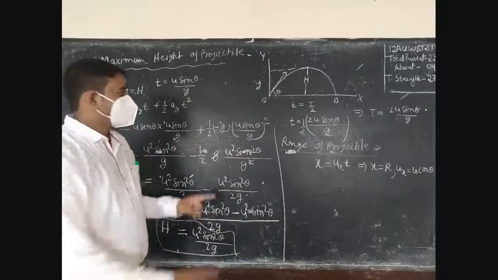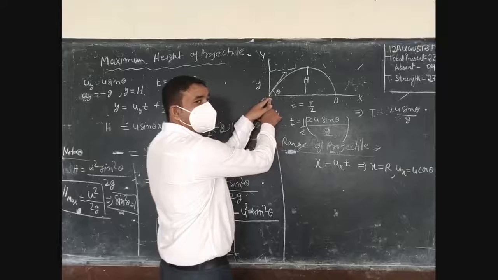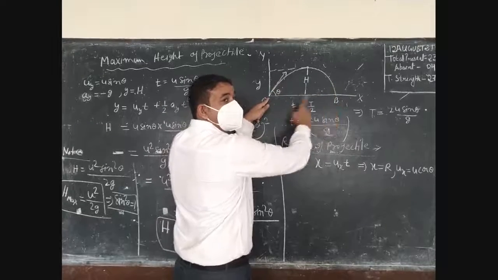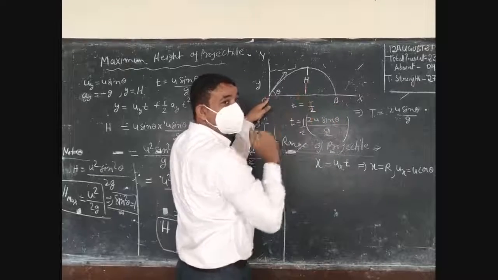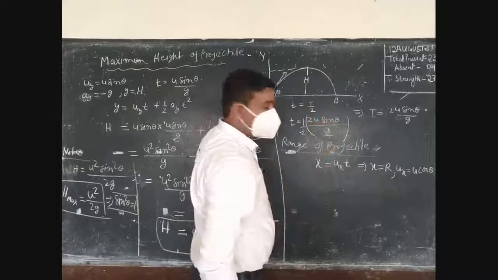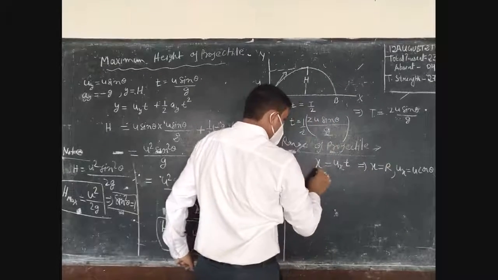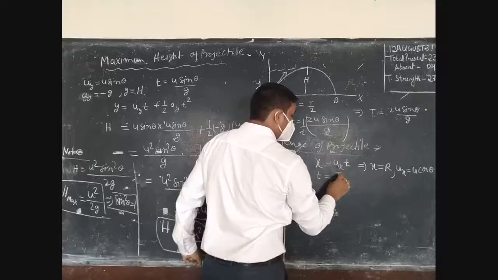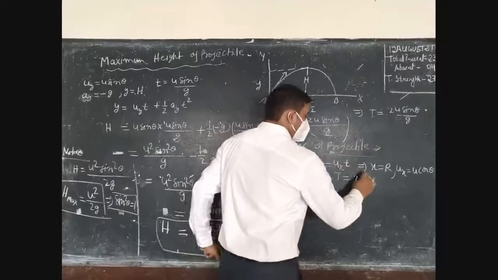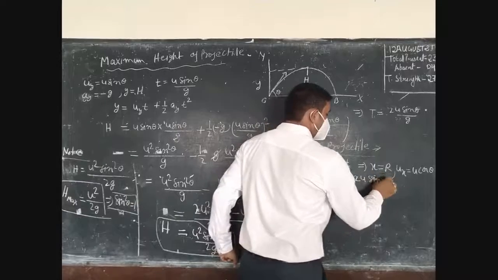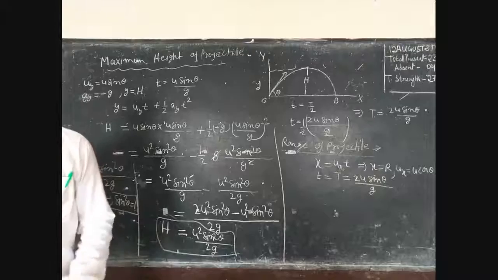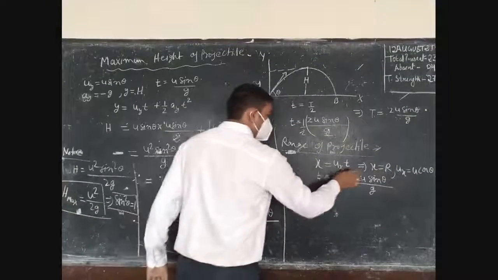And what is time? When we project the projectile from this point O and it covers the distance to P, how much time will it take? It is equal to the time of flight. So here we use t equal to capital T, and this capital T is equal to 2u sin theta upon g. Understood? Now use it in this formula.